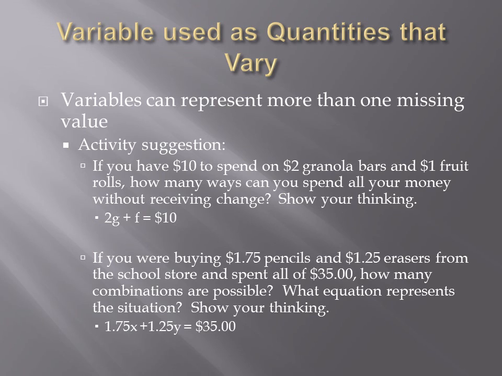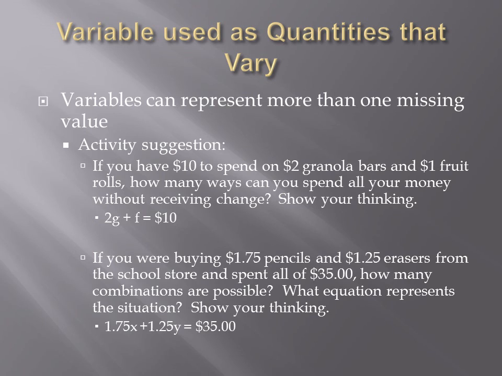Variables can also represent more than one missing value. Here's an activity suggestion. If you have $10 to spend on 2 granola bars and $1 fruit rolls, how many ways can you spend all your money without receiving change? Show your thinking.